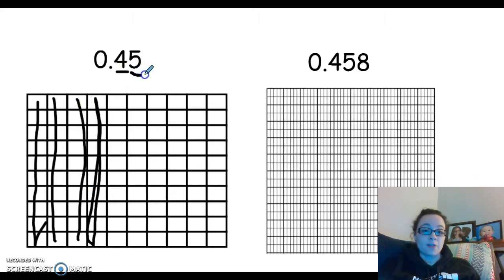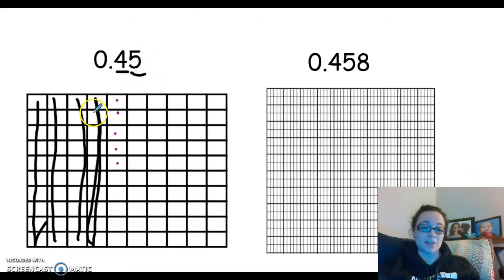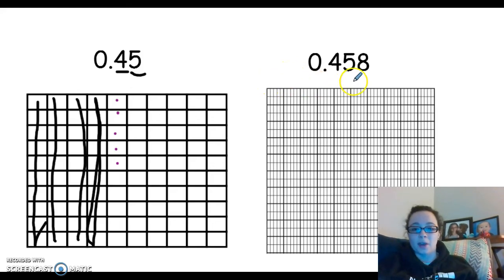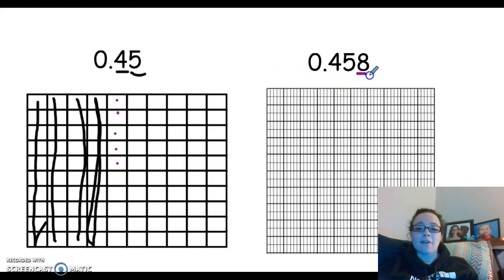There are 5 hundredths. Our hundredths are smaller than our tenths. To the right, we have another decimal, much like the one we saw on our first slide. This time, though, we have 8 thousandths. Remember from our conversations in class that our thousandths are these tiny little boxes.